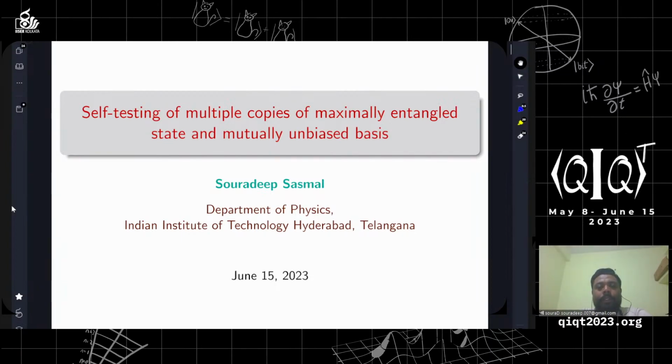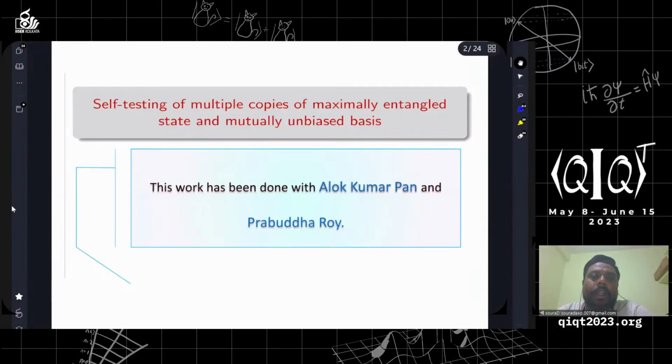But for multiple copies, there are many problems. This work was done with my current group leader, Dr. Alok Pan, and Prabhuddha. Prabhuddha is now doing his postdoc at IISER Behrampur, and Alok is an associate professor at IIT Hyderabad.